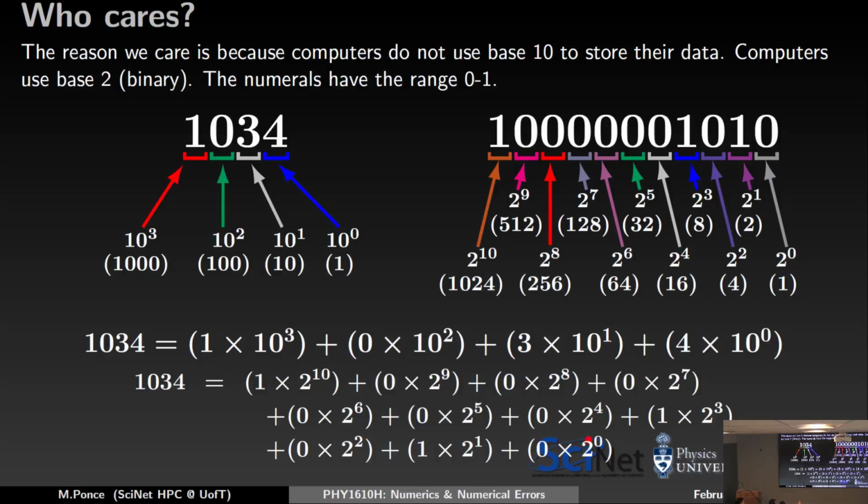Another way to think about this: it can go like 1 point 034 times 10 to the 3. So I'm basically adjusting the exponent such that there is only one digit before the decimal point. That's the whole trick, right?